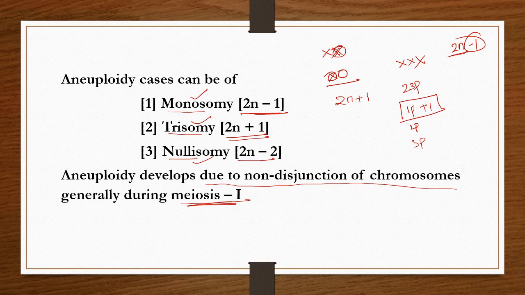So non-disjunction, the failure of segregation of chromosomes, leads to aneuploidy. If it is mitosis, it happens during anaphase. If it is meiotic division, it takes place during meiosis 1.